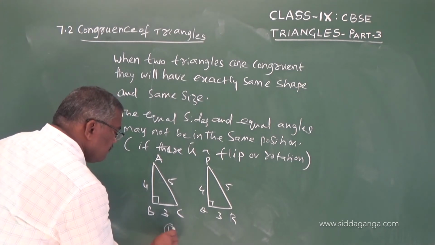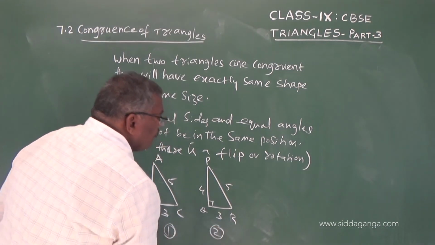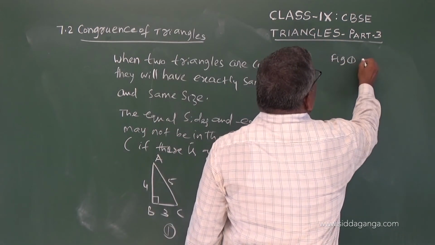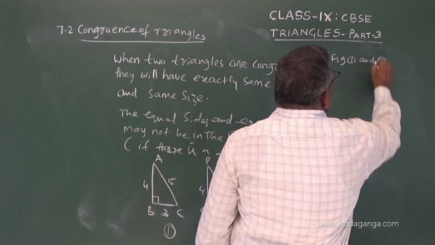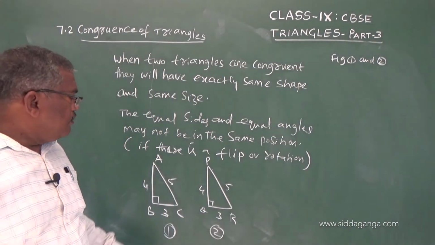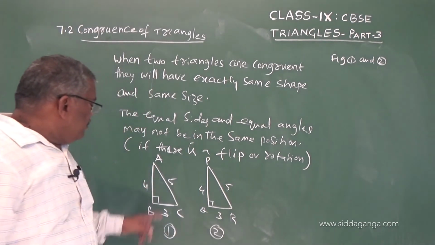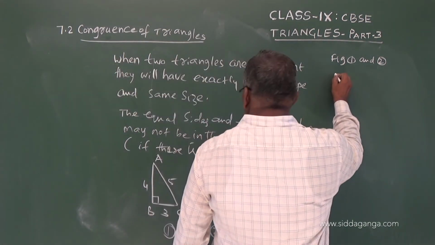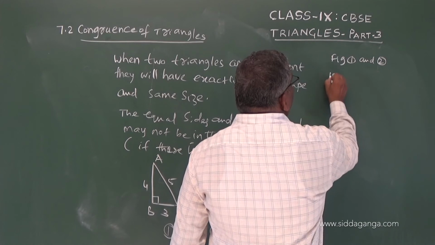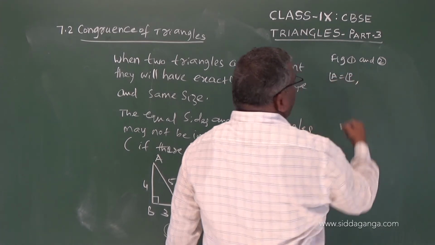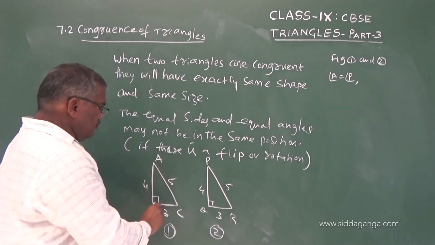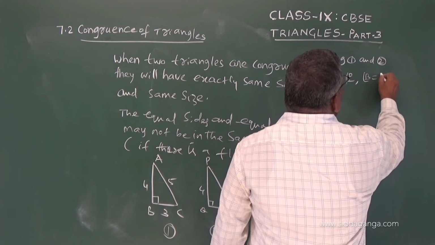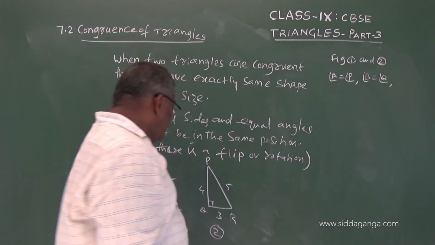I will call this figure 1, figure 2. In figures 1 and 2, what we observe, the three angles are equal: A equals P, B equals Q, and C equals R.